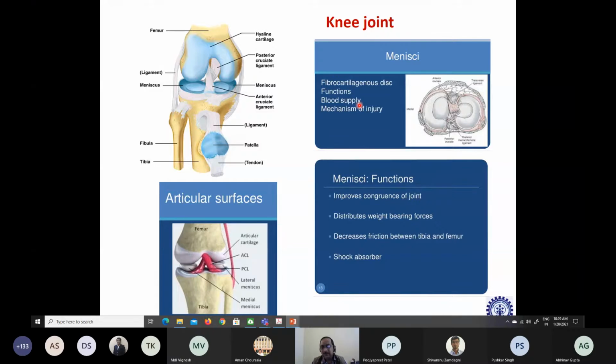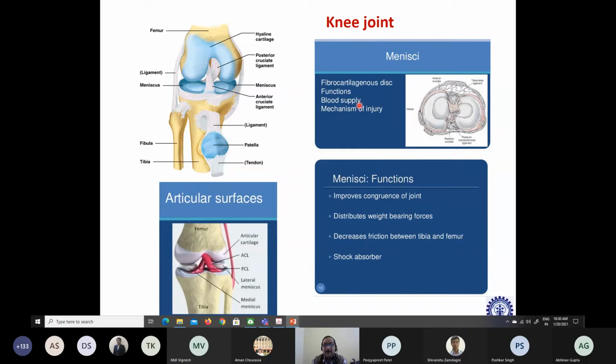Apart from that, it also supplies blood to each and every part, and it is prone to injury. There are several injuries associated with the meniscus because, at the end of the day, it's a soft tissue.